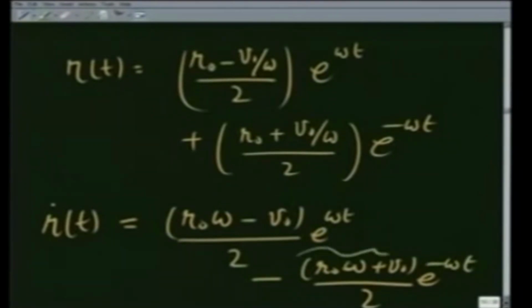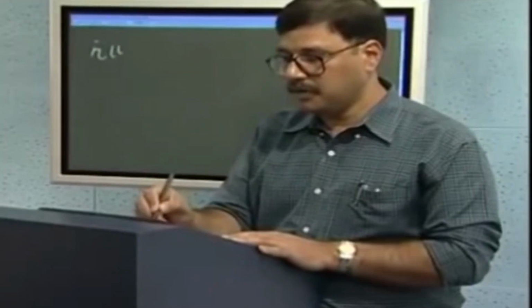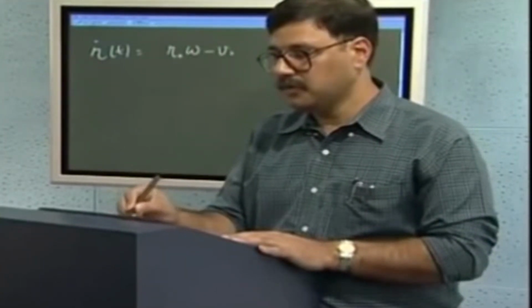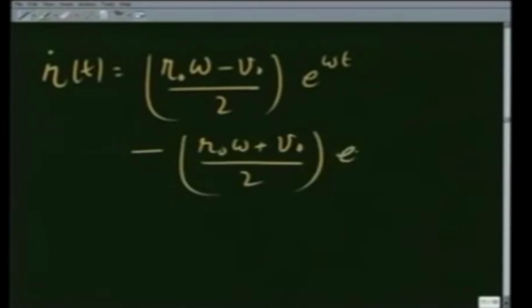This term is already negative, and if I want the velocity to remain negative, that means I want r dot of t, which is r0 omega minus V0 over 2 e raised to omega t minus r0 omega plus V0 divided by 2 e raised to minus omega t, to be less than 0. This implies r0 omega minus V0 should always remain less than 0, or V0 should remain greater than r0 omega.